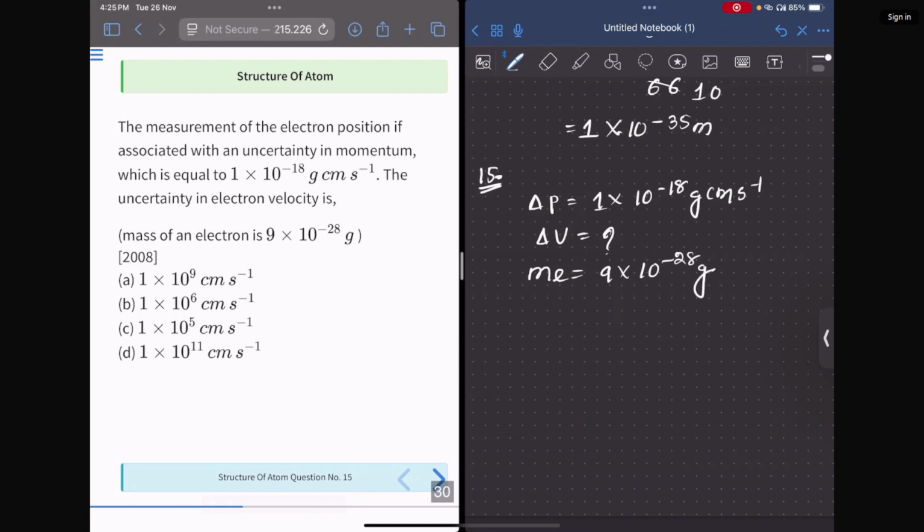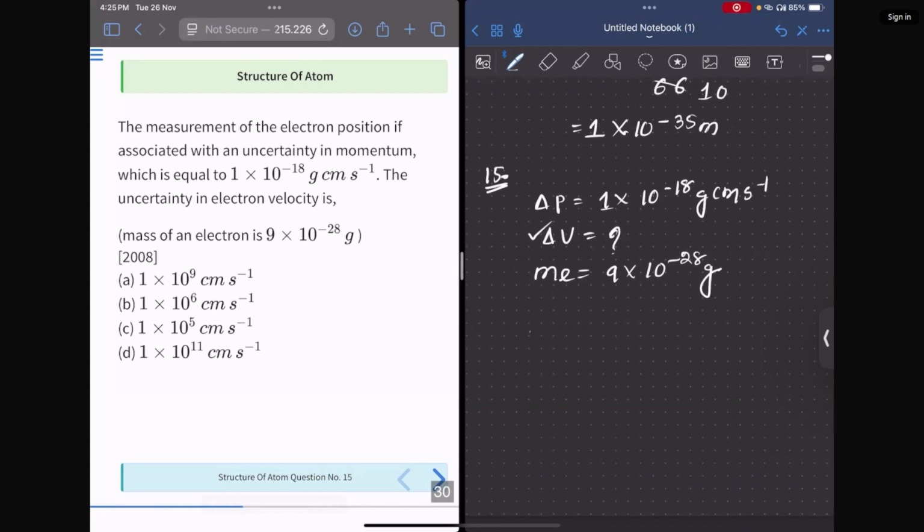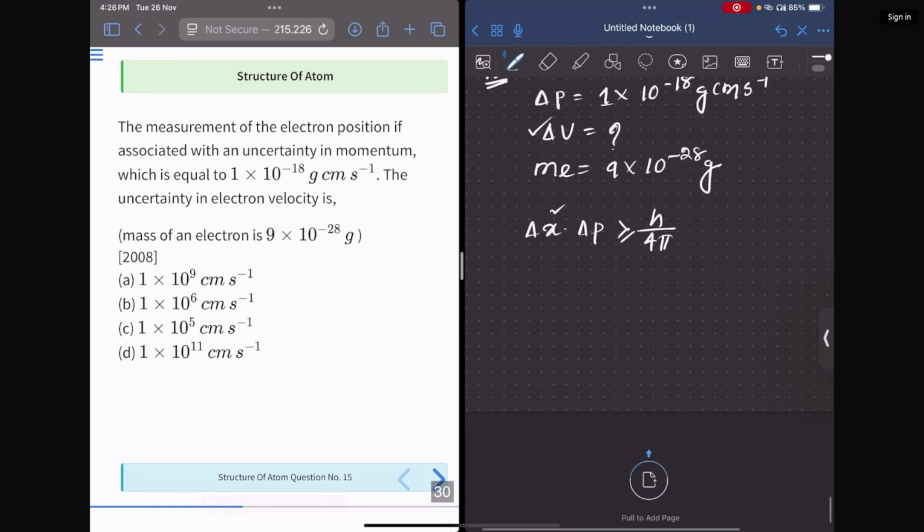Okay, so let's calculate the uncertainty in del V. How will you calculate? Which formula will be used here? Correct. Heisenberg's uncertainty principle. Let's write the formula. Del x, what is the original formula? Del x, the uncertainty in position, into uncertainty in momentum is greater than or equal to h by 4 pi.